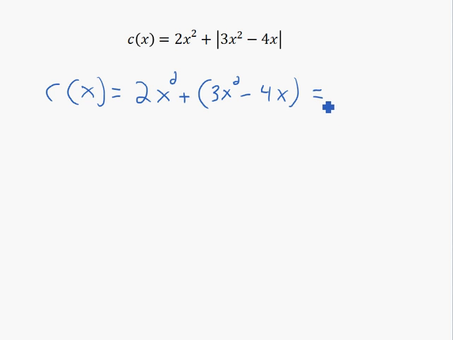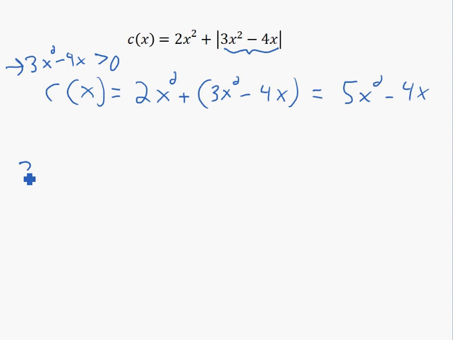And that's going to be 5x squared minus 4x. And this is going to happen when what's inside the absolute value is positive. What we did here is we assumed that 3x squared minus 4x is greater than 0, because if it is, then the absolute value just leaves it alone, and you get 2x squared plus this, and that simplifies down to this. So this is the condition for this to happen.